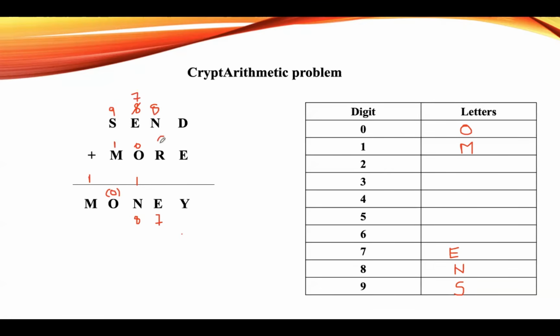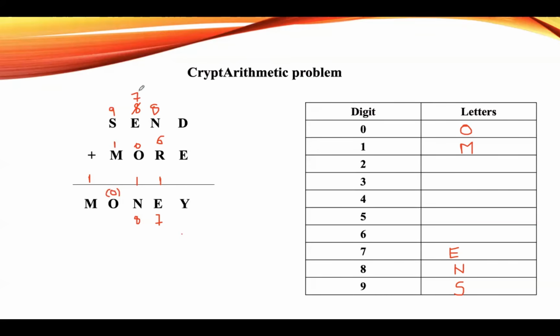If you add 8 plus 6, it gives you 14. But here we need 7. Suppose you take a carry, then also 8 plus 6 gives you 15, but here we need 17. So we should not assign 8 to N. That is not the right choice.